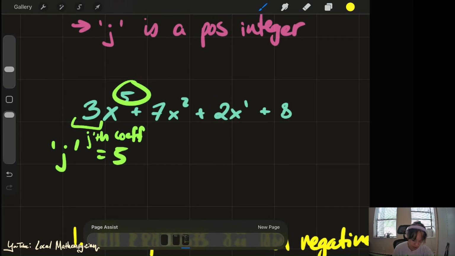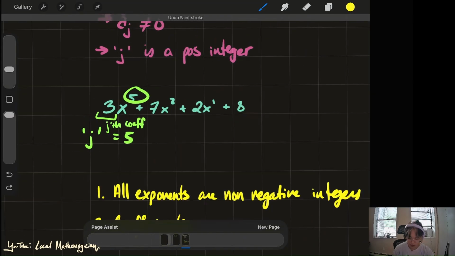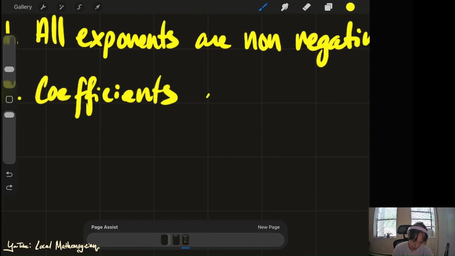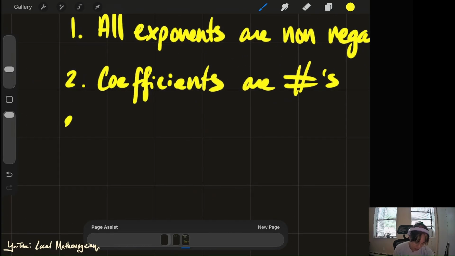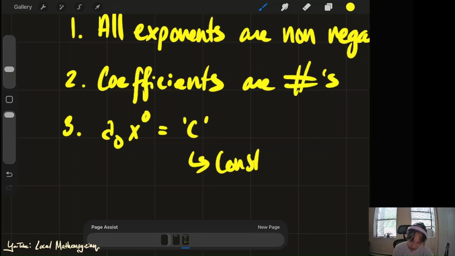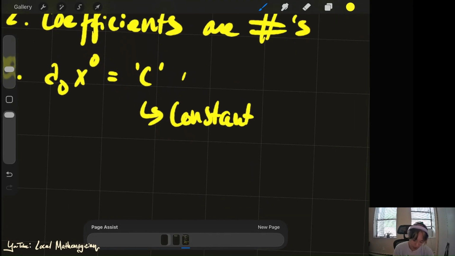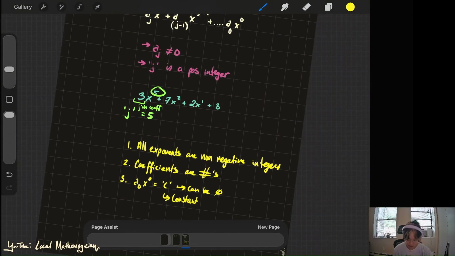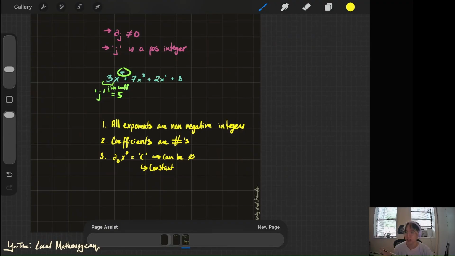So your coefficients here are like 3 or 7 or 2, right? Our numbers. And three, a sub 0 x to the 0 is also sometimes called c, which means constant. So like plus 2, plus 4, plus 8, whatever. And it can be 0. Big picture, that's all right?